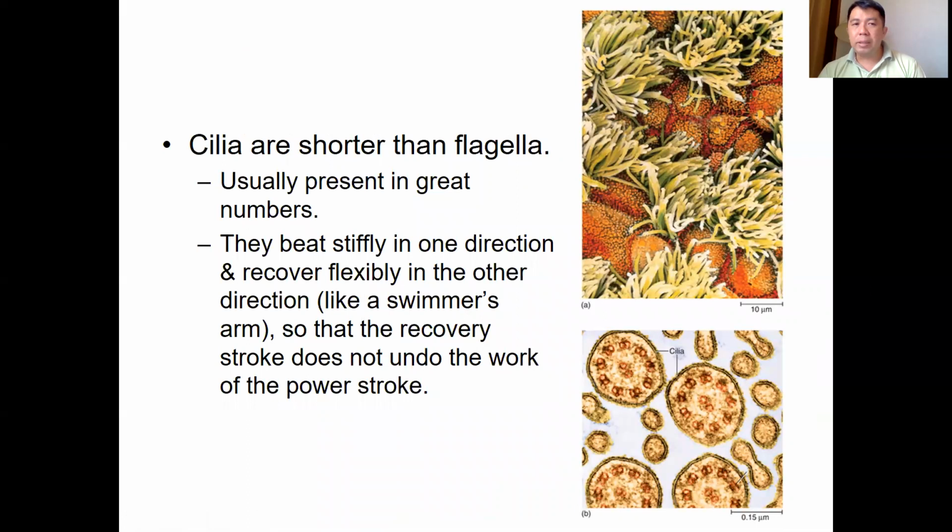Cilia are shorter than flagella, and usually they are present in great numbers. How they beat is very simple. They just beat this way, and then return to the original place, and then beat again.